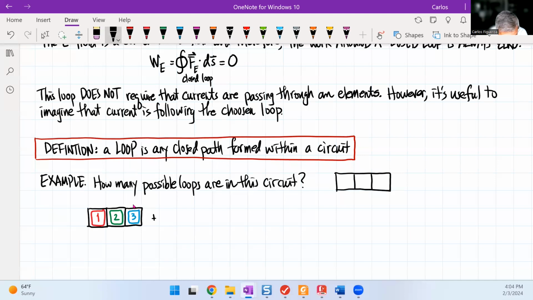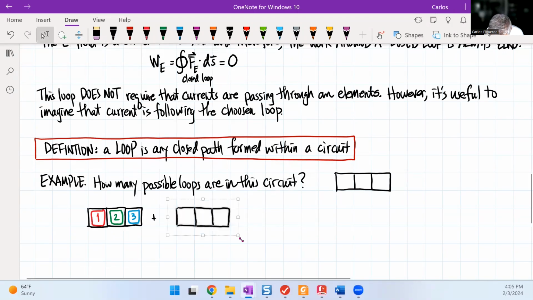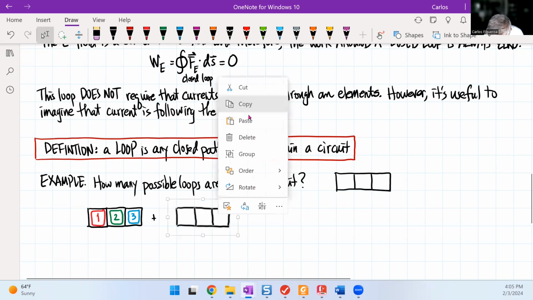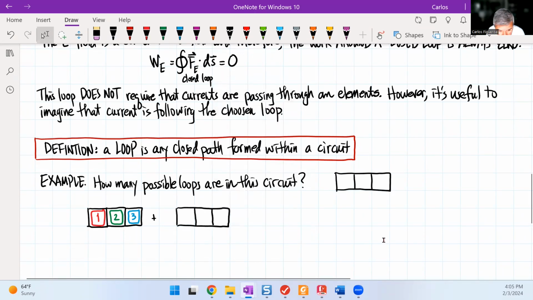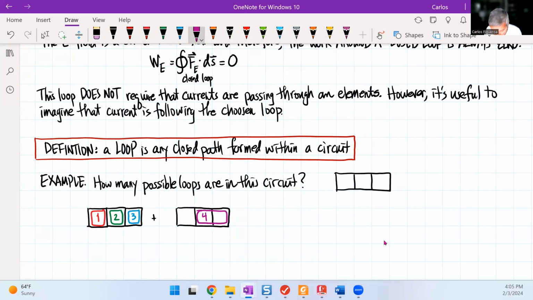But I could have taken other loops. In fact, I'm going to copy this because it's going to be useful to have, because I'm going to repeat the process here. So there's another loop. This can be a possible loop. So now that's 4.